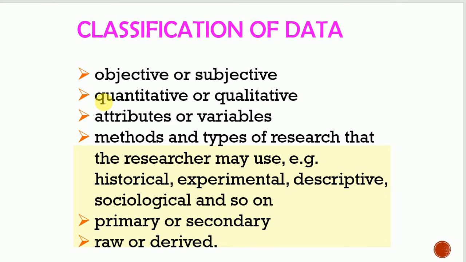Qualitative, usually numbers, no? Kasi meron namang objective na data, pero maaaring qualitative in a way, right? I'm sure we can look for an example of that, but suffice it to say that that is a qualification, either quantitative, numbers, or qualitative, like it's not numbers, no.